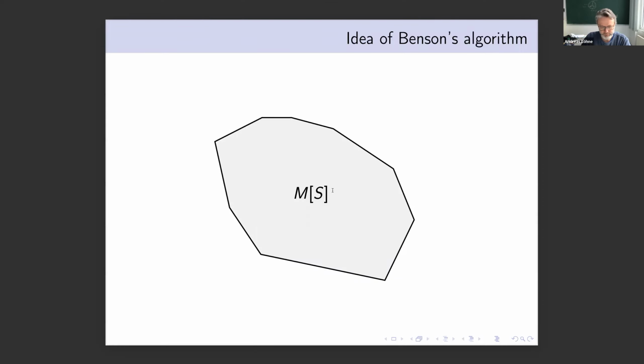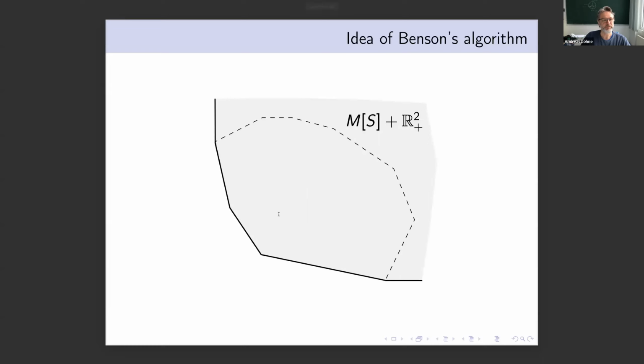Here I use the multiple objective setting. S is our feasible set. We apply the objective map and we want to compute this polyhedron, the image, but actually we only need to know the upper image. We add the ordering cone here. So the goal is to compute the vertices of this upper image.